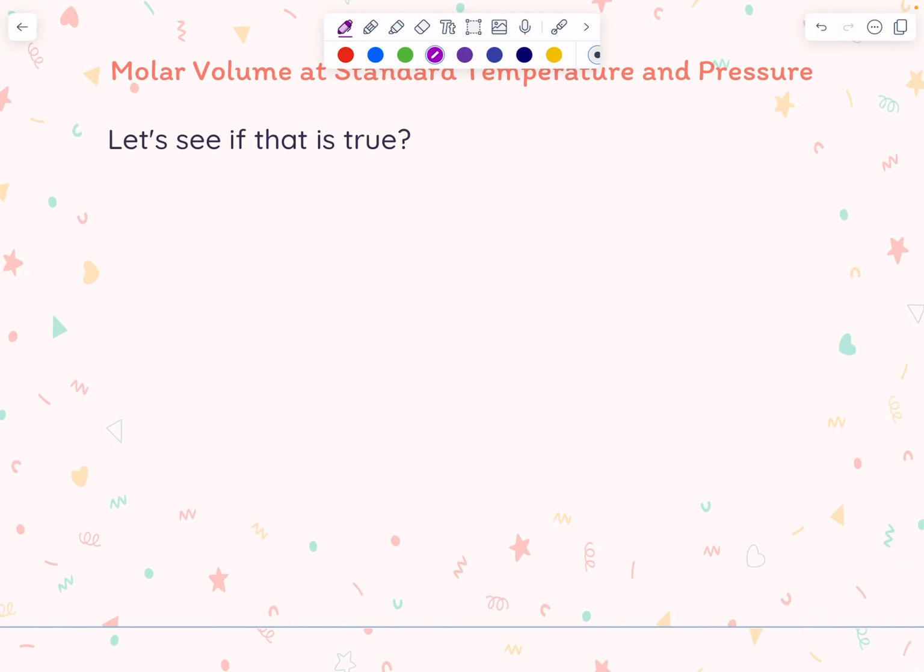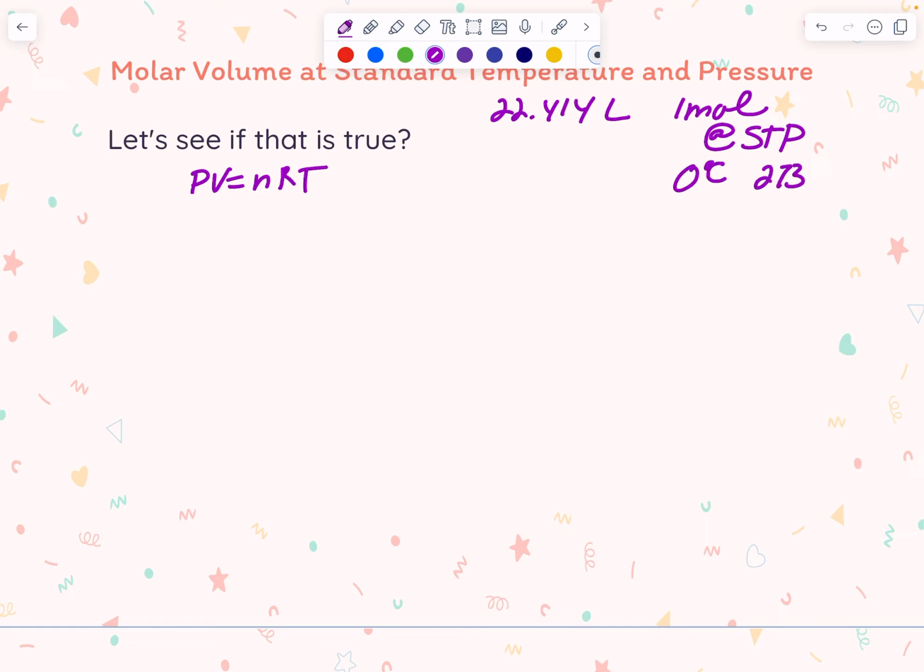Remember what that tells us, right? That 22.414 liters is the volume of 1 mole of gas at STP. And STP is standard temperature, which is 0 degrees Celsius or 273 Kelvin, and pressure is 1 atm.